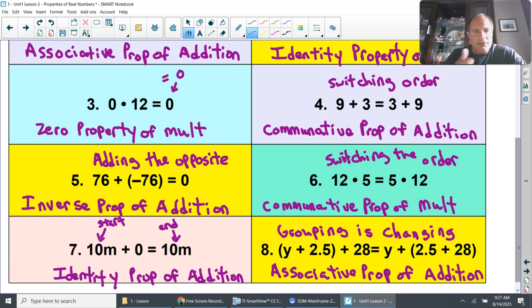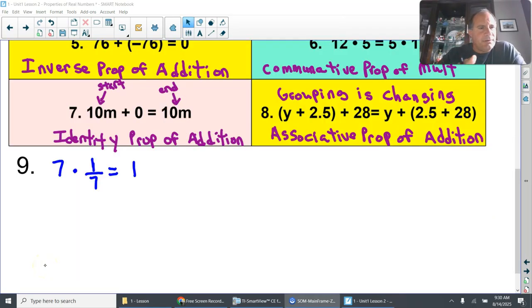All right, we did not do inverse property of multiplication here. But if you did, just remember, it's like 5 times 1 over 5. All right, and that equals 1. That is the inverse property of multiplication. I just wanted to put that there as an example, because I didn't have it in the first 8.